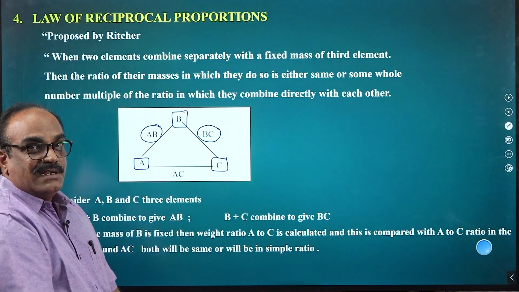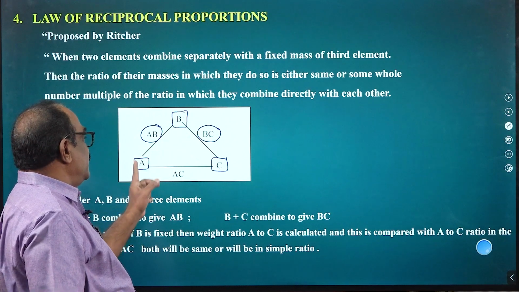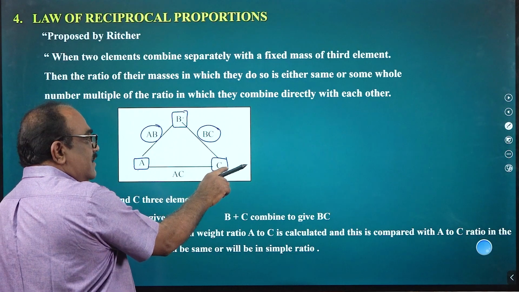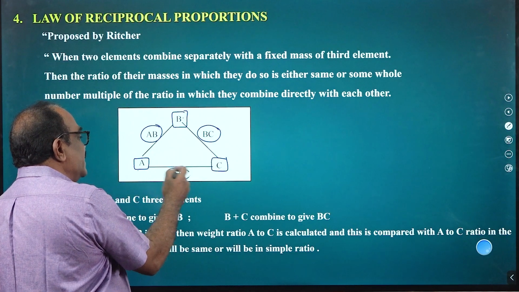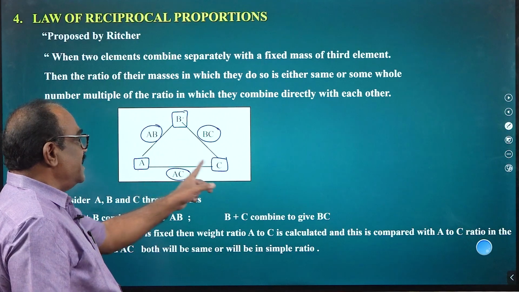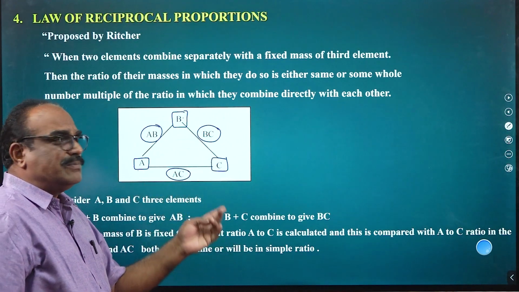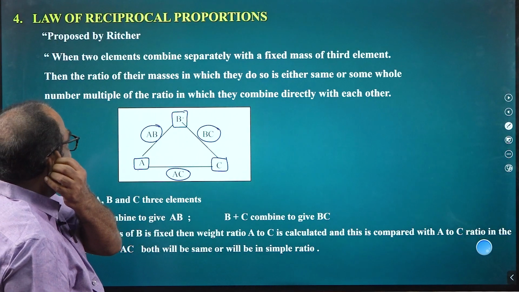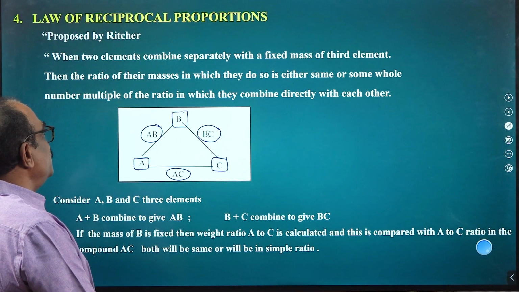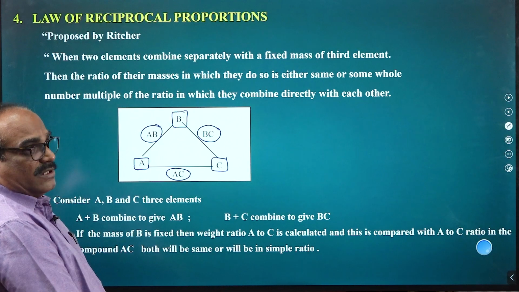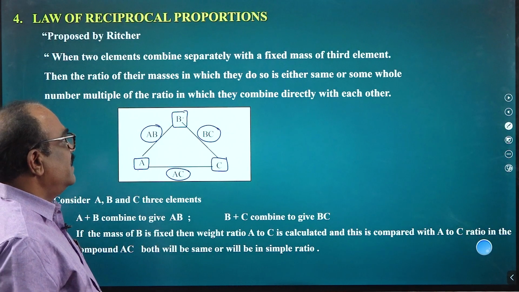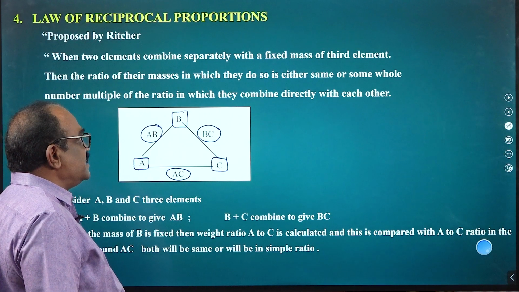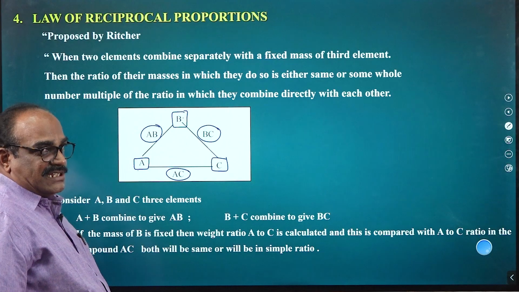If they combine to produce a chemical compound AC, they also bear the same ratio or multiples of it, or a simple ratio of it. So, when two elements combine separately with a fixed mass of the third element, then the ratio of their masses in which they do so is also either the same or some whole number multiple of the ratio in which they combine directly with each other.